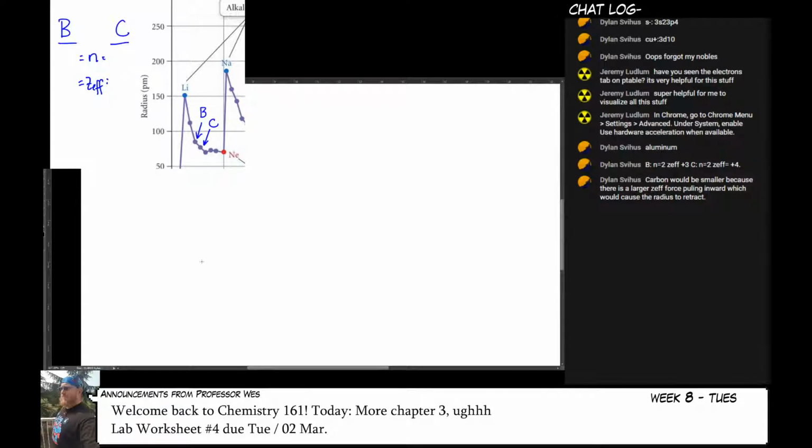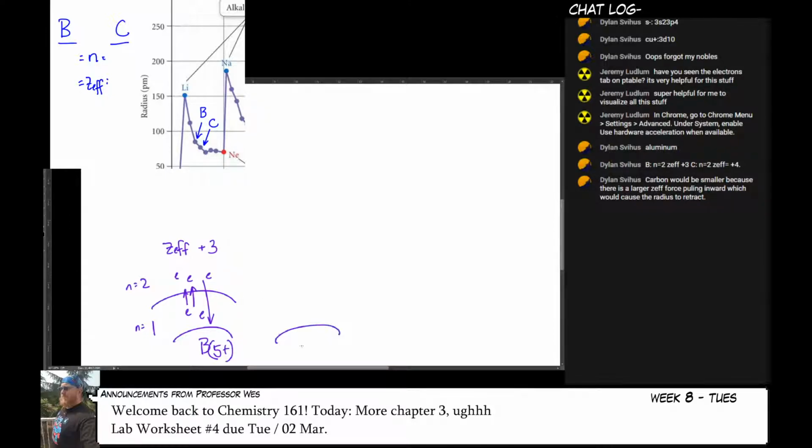So if I draw my little diagram for the nucleus here, N equals 1, N equals 2. What these feel is ZEffective of plus 3, because I have 5 pulling in and then 2 pushing out.